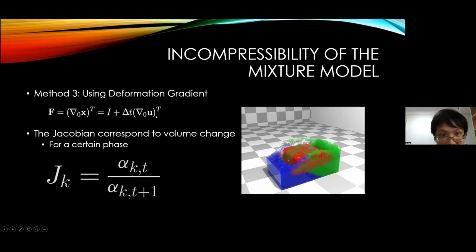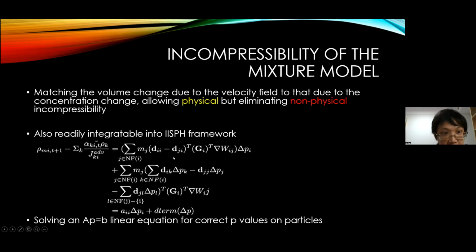So we can match these two changes, one due to the velocity field and one due to the concentration change, together, derive a set of linear equations and solve them.